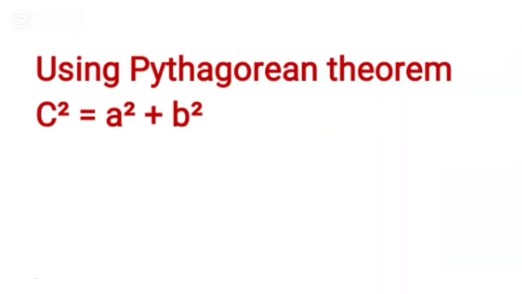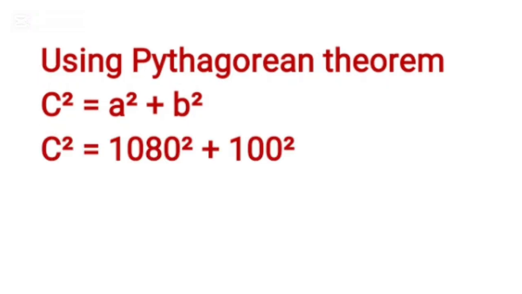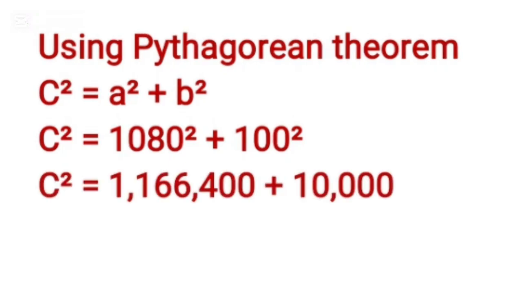Using Pythagoras' theorem, c squared is equal to a squared plus b squared. We will substitute in our values: 1080 squared plus 100 squared. When we square 1080, we will get 1,166,400. When we square 100, we are going to get 10,000.